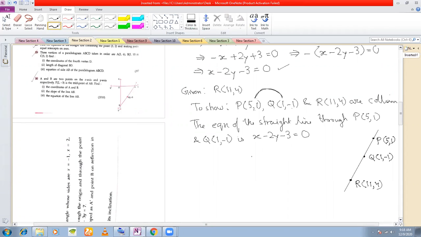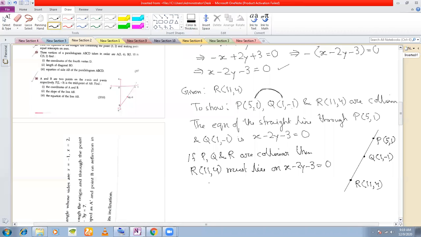That means R must lie on this. If P, Q, and R are collinear, then R (11, 4) must lie on x minus 2y minus 3 is equal to 0, right?